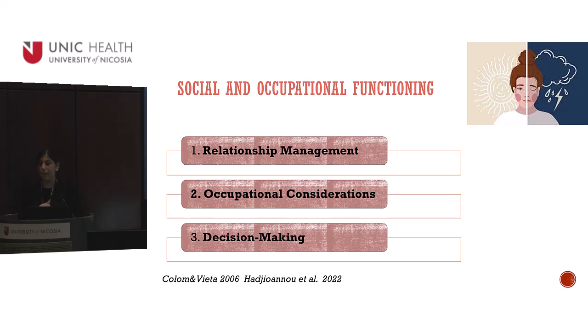Another important topic included in psychoeducation programs is social and occupational functioning. This parameter includes themes such as relationship management, including strategies for maintaining healthy relationships and communicating effectively with family and friends.